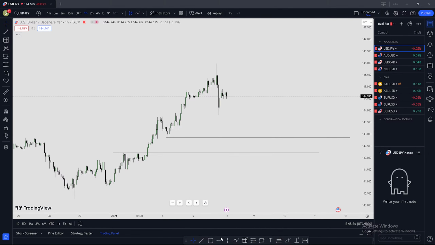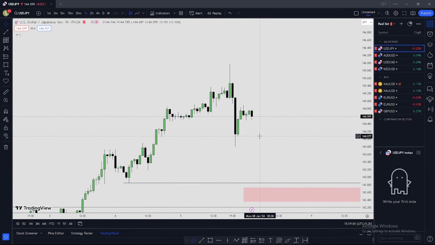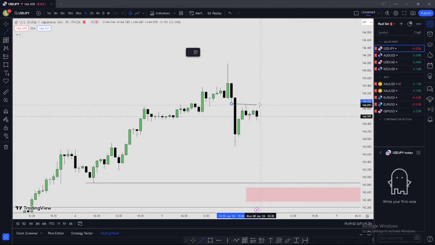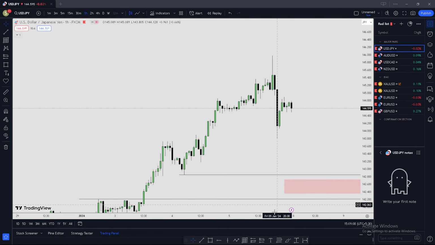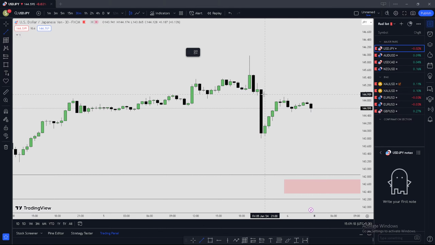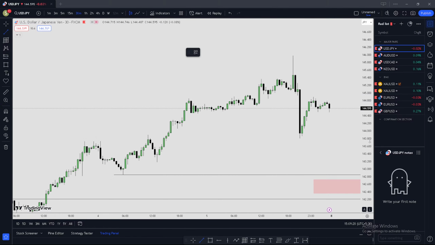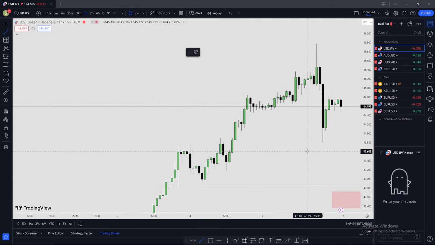This is the green zone that we can be approaching for now. The price has been into the fair value gap, has given us a good break of structure, a good market structure shift on high low, came all the way back into the fair value gap and filled it.